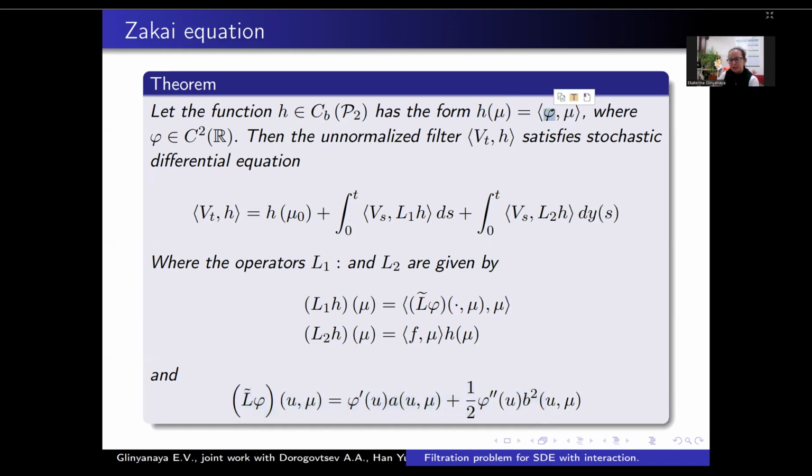But in the general case, to deal with functions that depend on measures, we need to use Lions derivatives of the function h, in order to write down the action of L tilde on a function that depends on the measure itself.